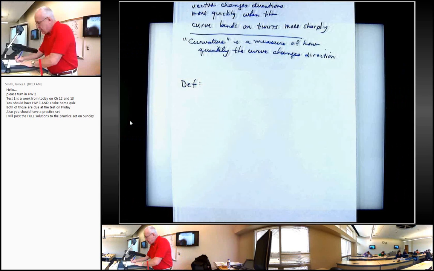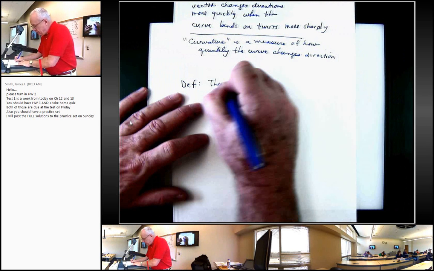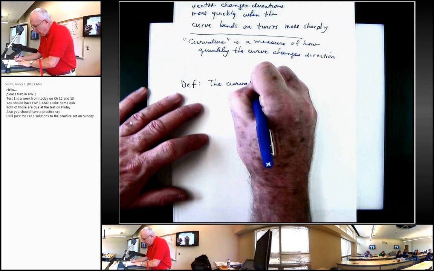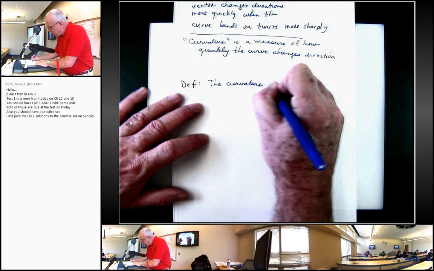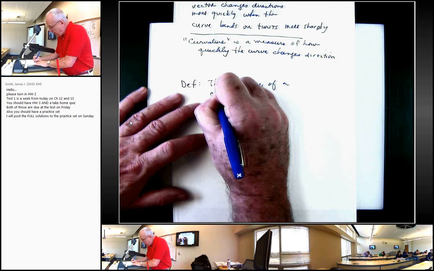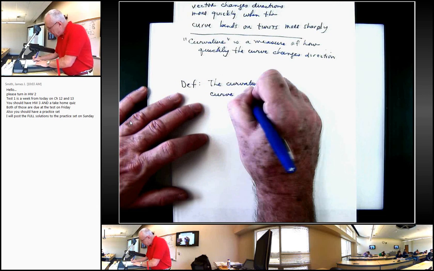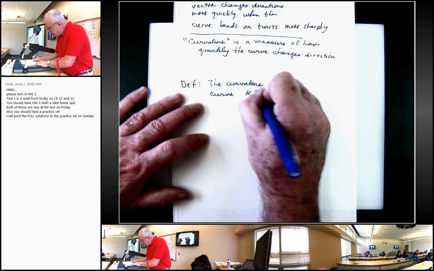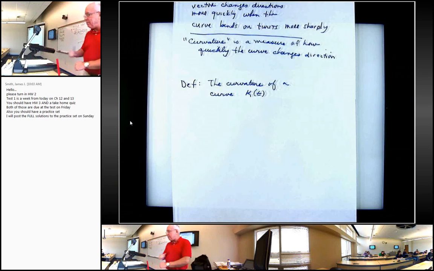So, the curvature of a curve, and we call it kappa of t. It looks like a K, it's a kappa.